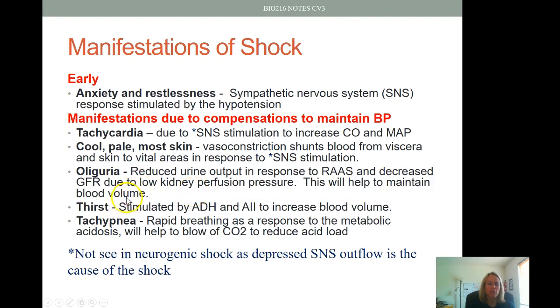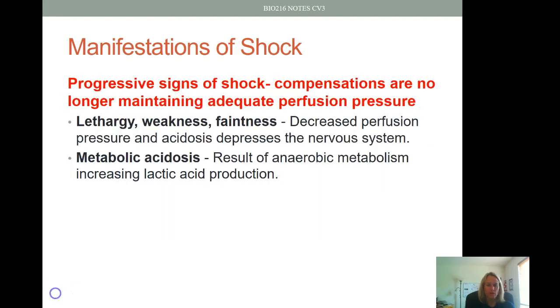This is going to help to maintain blood volume. Thirst, which is stimulated by antidiuretic hormone and angiotensin II to increase blood volume. Tachypnea, this is rapid breathing, and this is as a result of metabolic acidosis because we're not getting enough oxygen to the tissues. And this is going to help to blow off CO2, which will reduce the acid load.